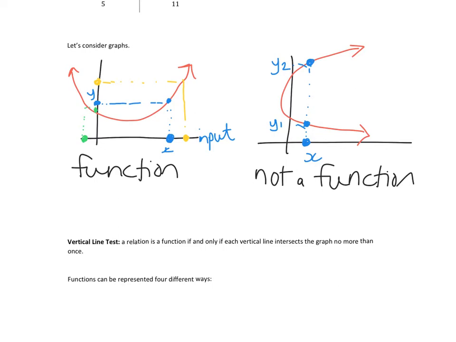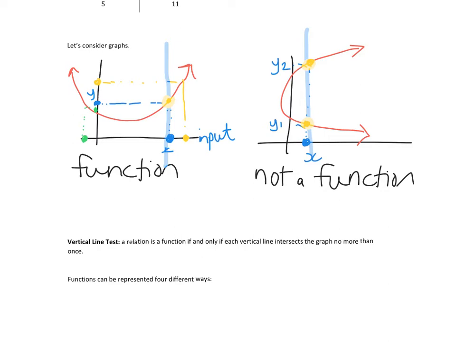All right. And in general, when we're looking at graphs, we have a quick way of determining if something's a function or not. Notice, if we extend those dotted lines, we can get a vertical line. And we can do the same thing over here, the one on the left. Extend the dotted lines, we get this vertical line. With the function, the vertical line only intercepts the curve once. Not a function, the vertical line goes through the curve twice.